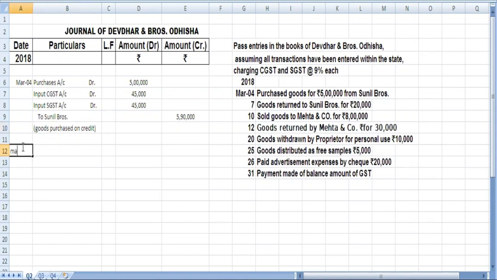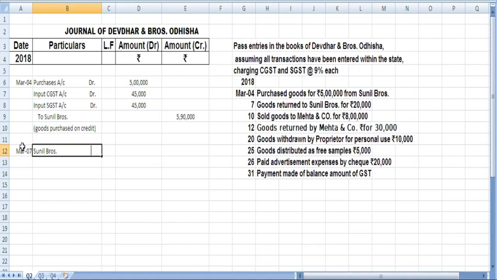Next we have March 7. March 7, goods returned to Sunil Brothers for rupees 20,000. Here Devdhar and Brothers Odisha are returning the goods back to Sunil Brothers.